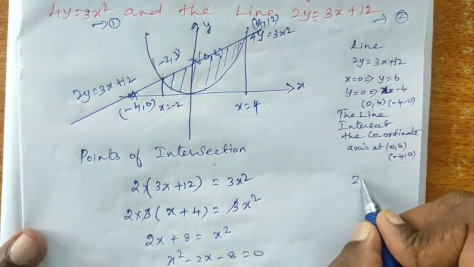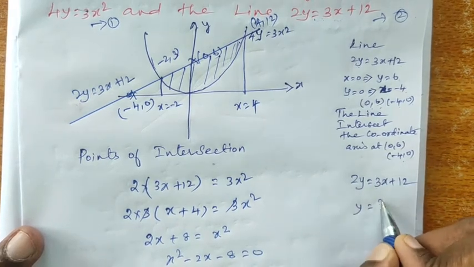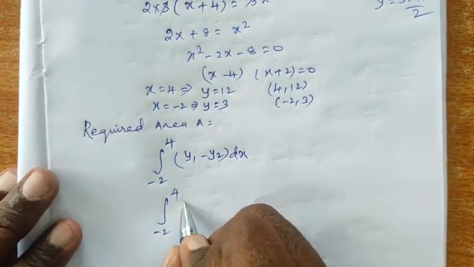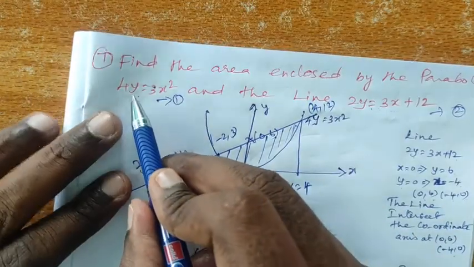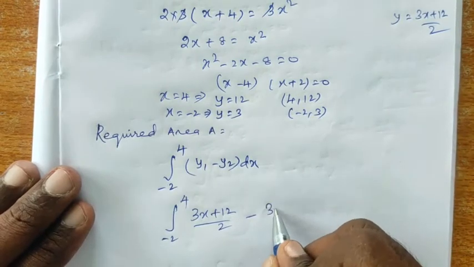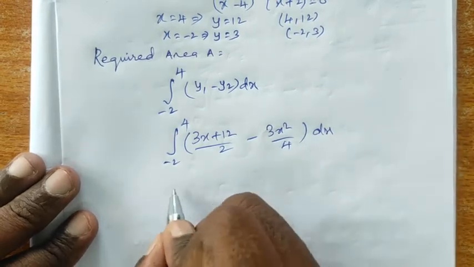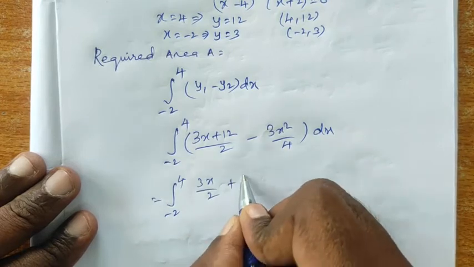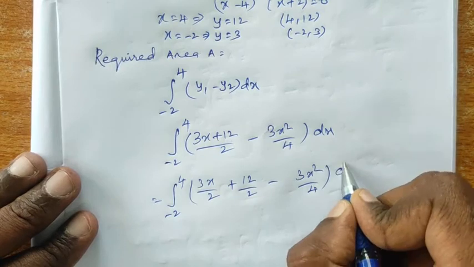So 2y is equal to 3x plus 12. So y is equal to 3x plus 12 by 2. So 3x plus 12 by 2 minus y, 4y is equal to 3x square, y is equal to 3x square by 4. So 3x square by 4 into dx. So integration minus 2 to 4, 3x by 2 plus 12 by 2 minus 3x square by 4 into dx.